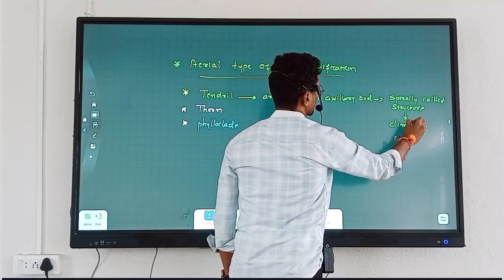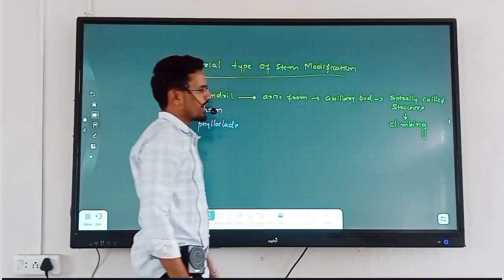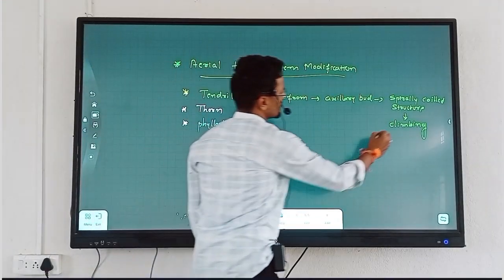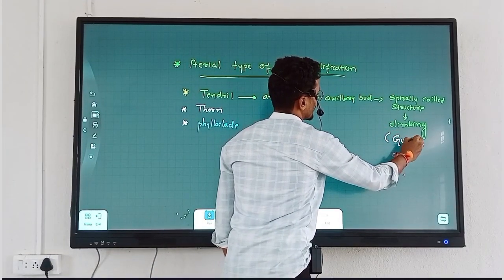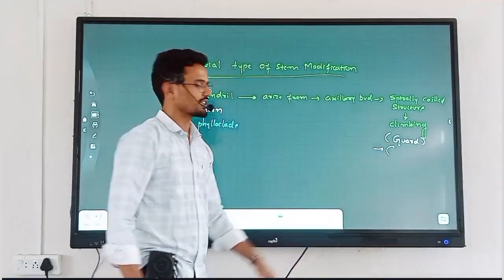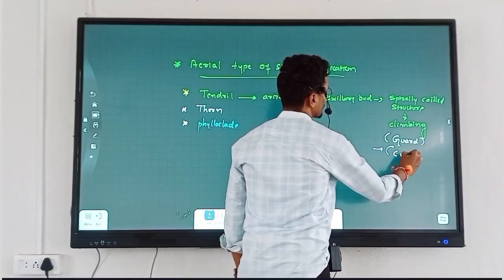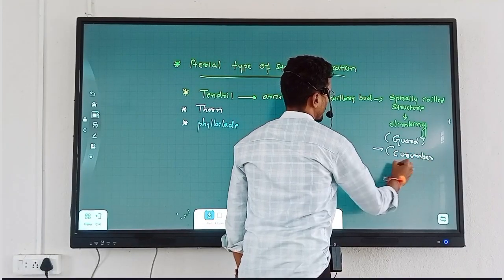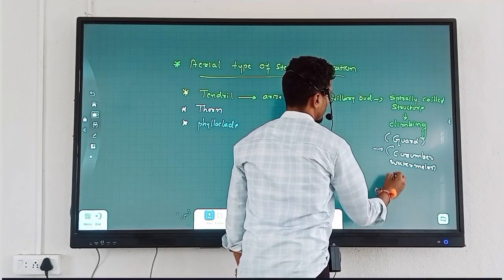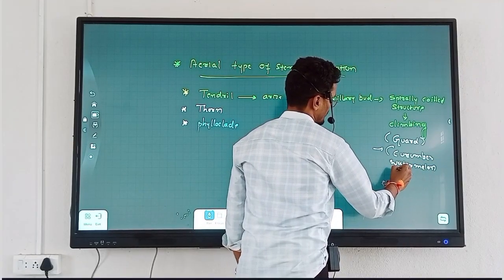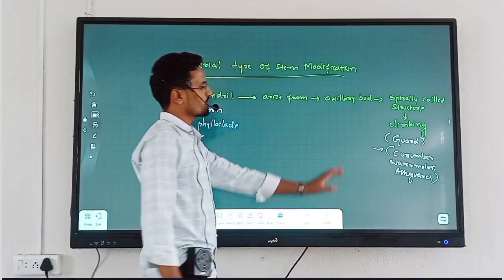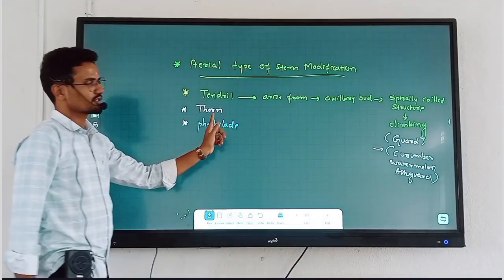Examples for this are gourd family members, those are nothing but ash gourd, cucumber, and watermelon. These are examples for the tendrils.